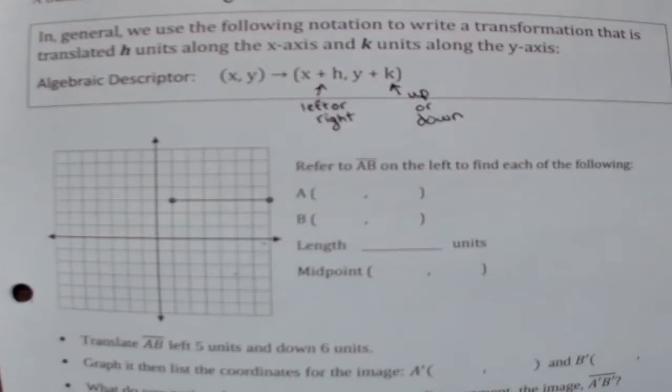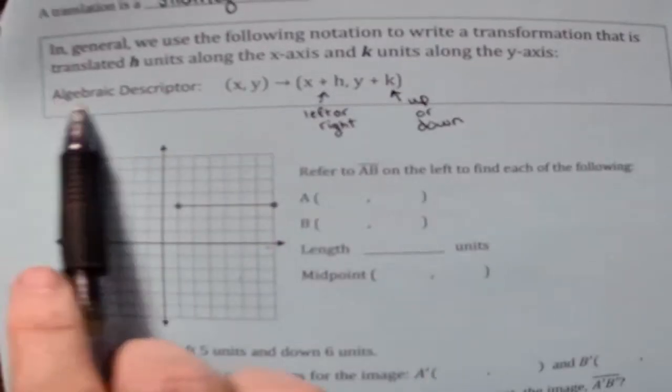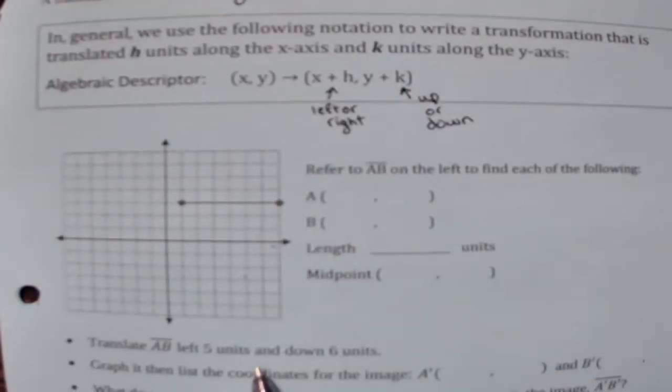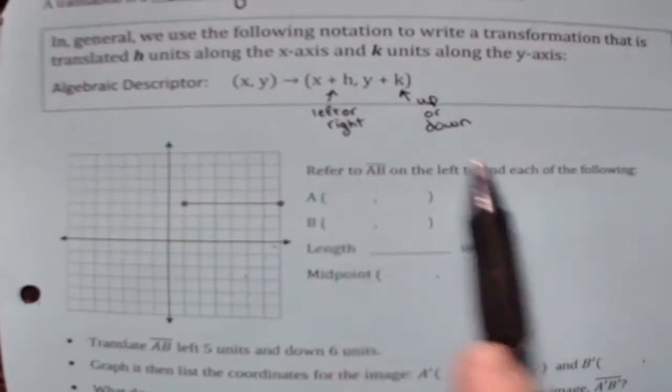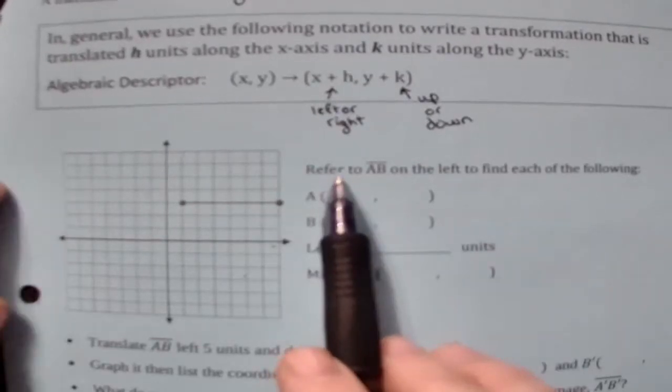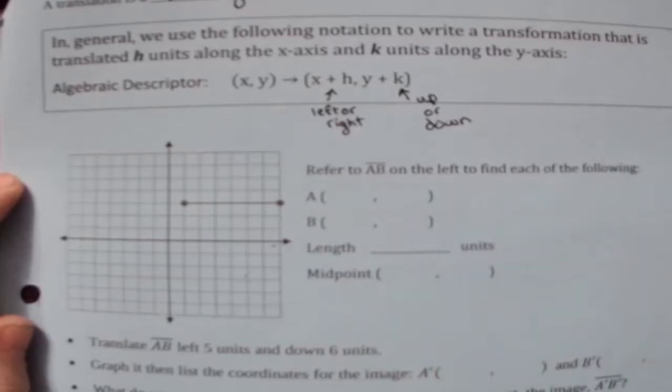So for the example of our algebraic descriptor, so again, this was our success criteria, is knowing how to write an algebraic descriptor. We'll get a chance to actually do that down here after we label the points and do all this. So it says refer to A, B on the left to find each of the following.